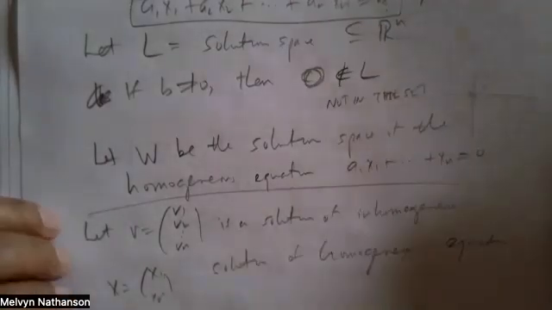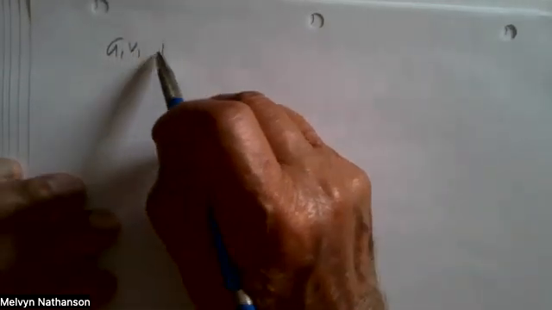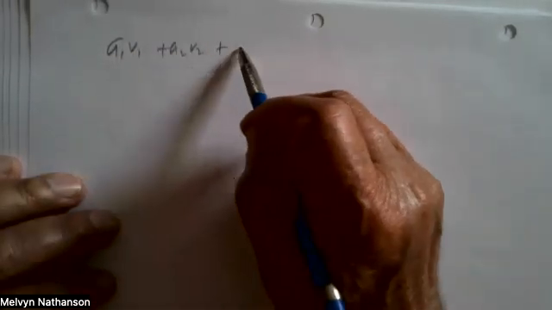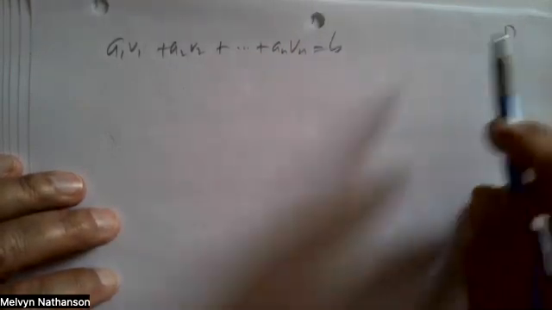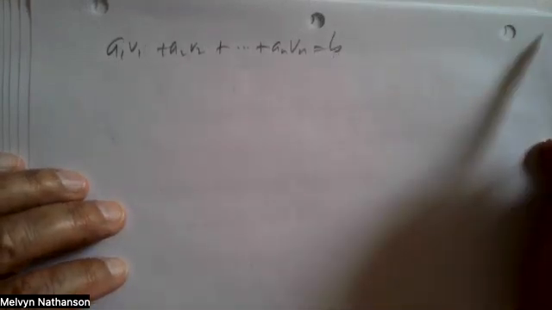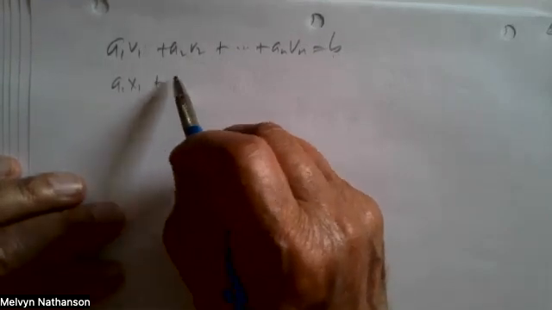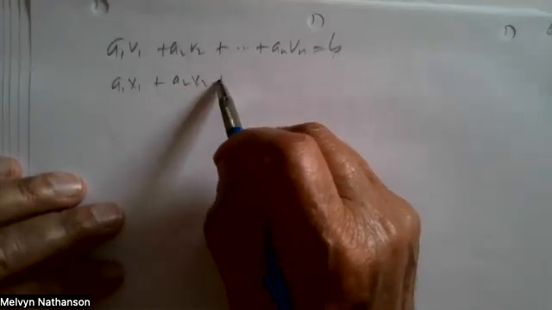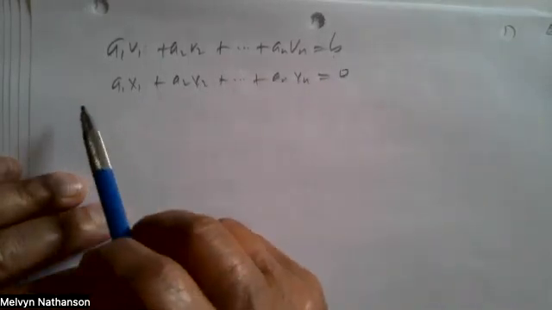Again, what I'm doing is really just high school algebra, but with a little more notation. So I have A1v1 plus A2v2 up to Anvn equals b, because the vector V is a solution of the inhomogeneous equation. And for the homogeneous equation, A1x1 plus A2x2 up to Anxn equals 0.